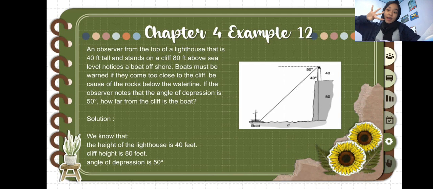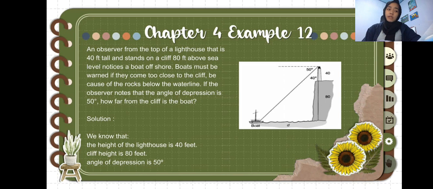Chapter 4, Example 12. An observer at the top of a lighthouse that is 40 feet tall and stands on a cliff 80 feet above sea level notices a boat offshore. The observer must warn the boat if it comes too close to the cliff because of the rocks below the waterline.